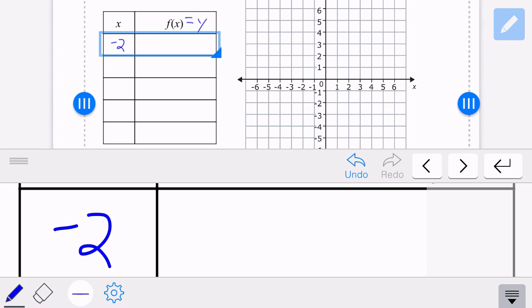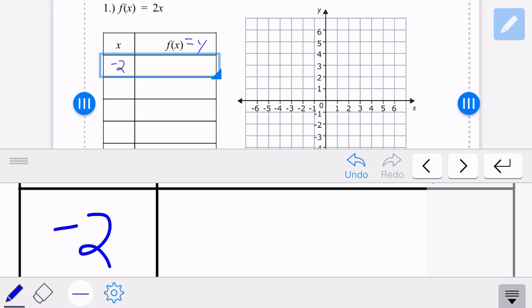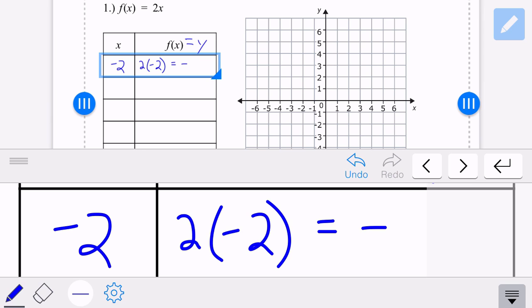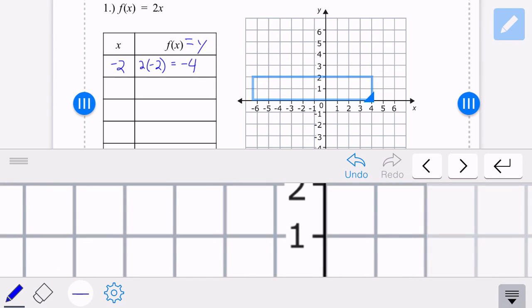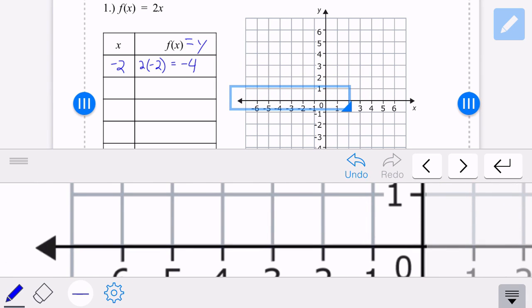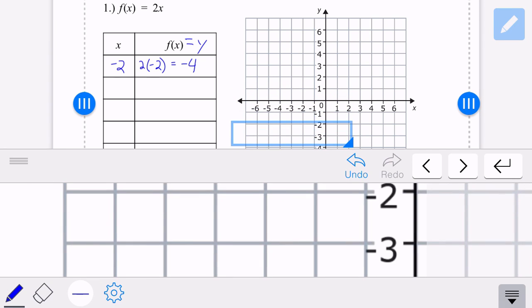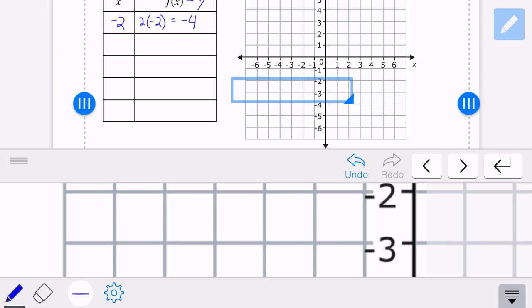And then our f of x, well, we have 2 times x, so it would be 2 times my x, which is -2, so then my output would be -4. So then what we do over here to plot that, your x value would be -2, so I would go there, and then -4, so I'd have to come down to -4.